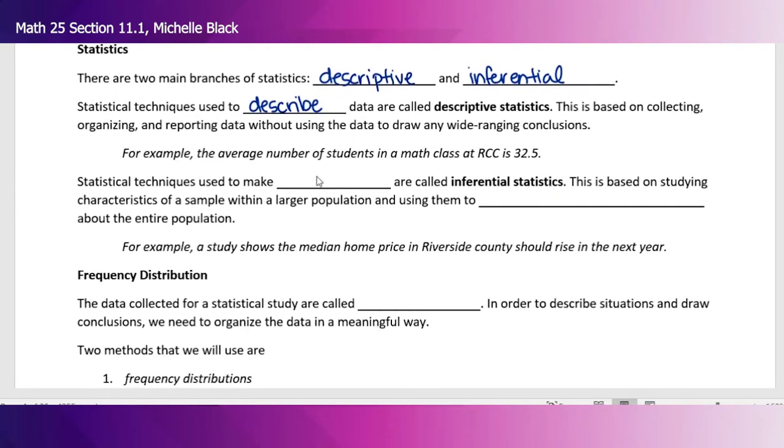Now, statistical techniques used to make inferences, or you can think like educated guesses, are called inferential statistics. This is based on studying characteristics of a sample within a larger population and using them to draw conclusions about the entire population.